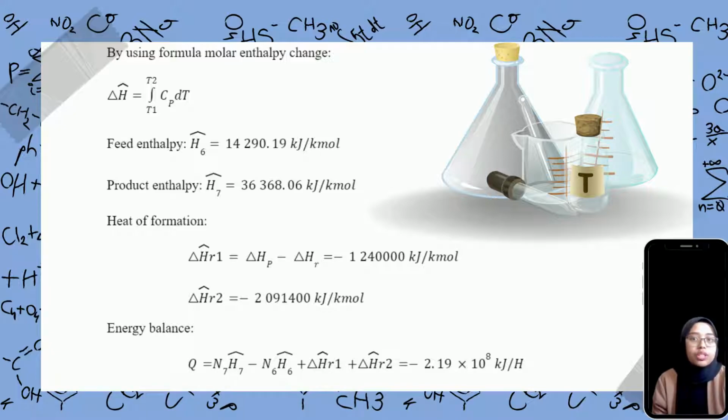For our heat of formation we have two equations as well. We use the energy balance of the reactor, which is negative 2.19 multiplied by 10, and the negative sign indicates the reaction is an exothermic process.